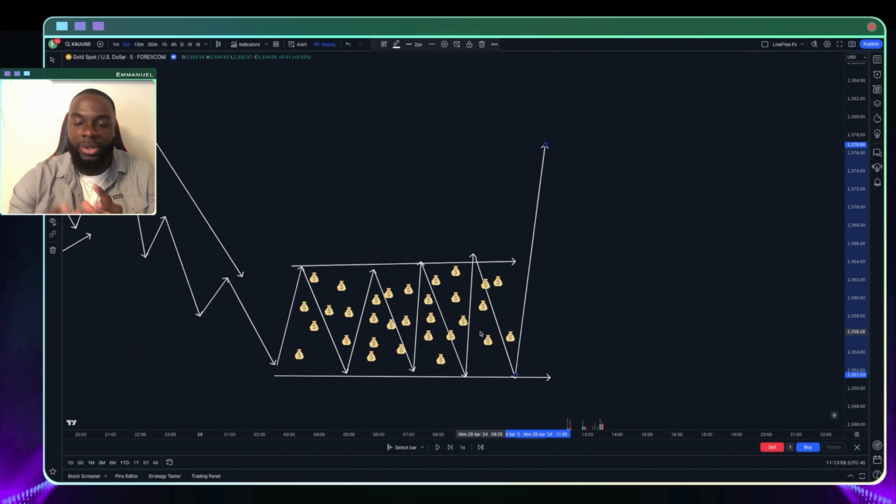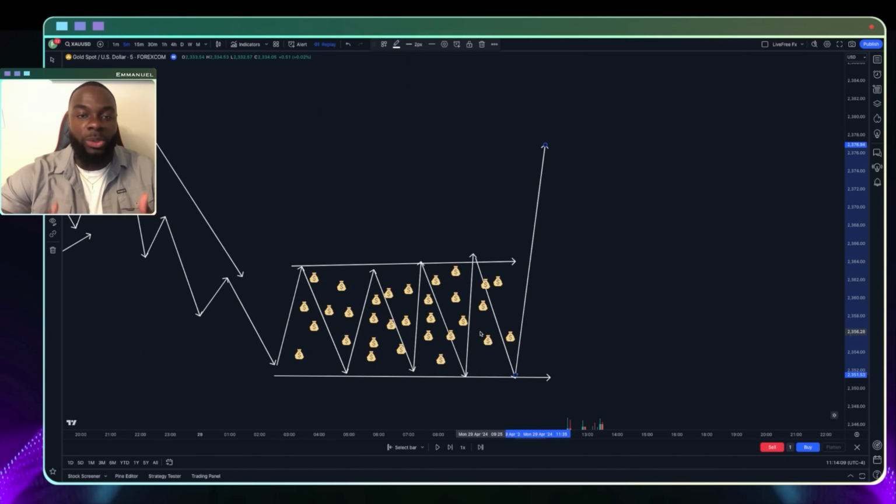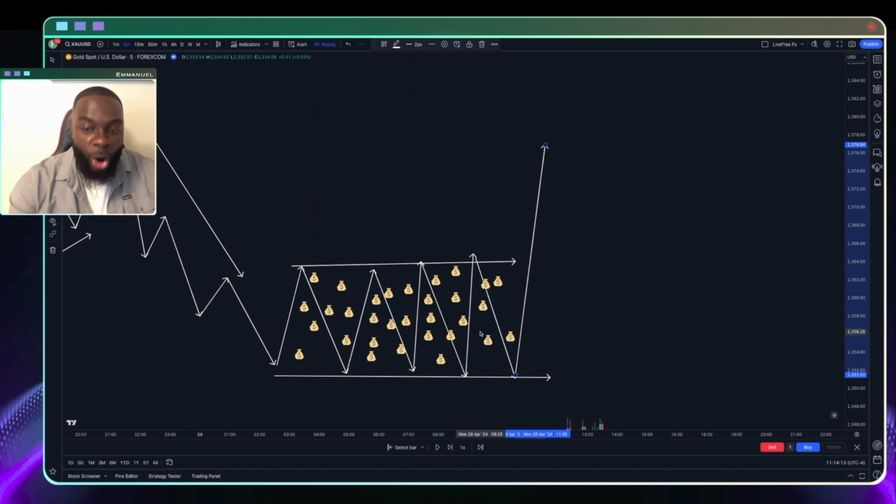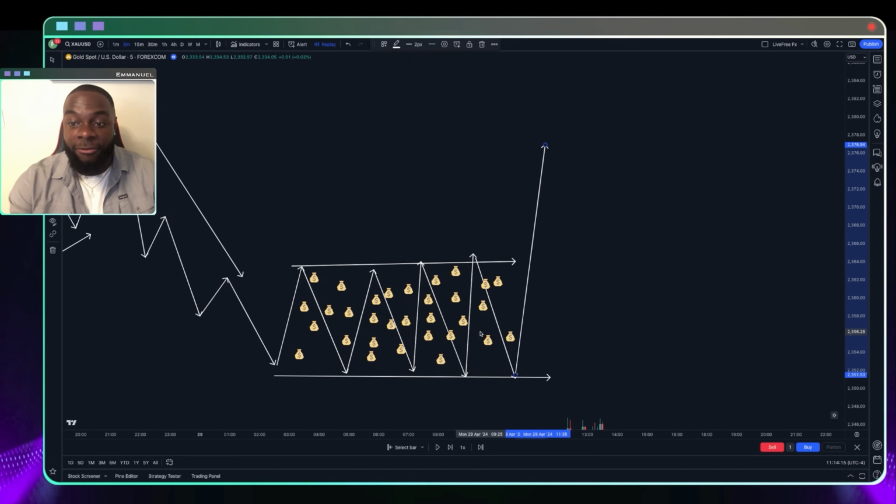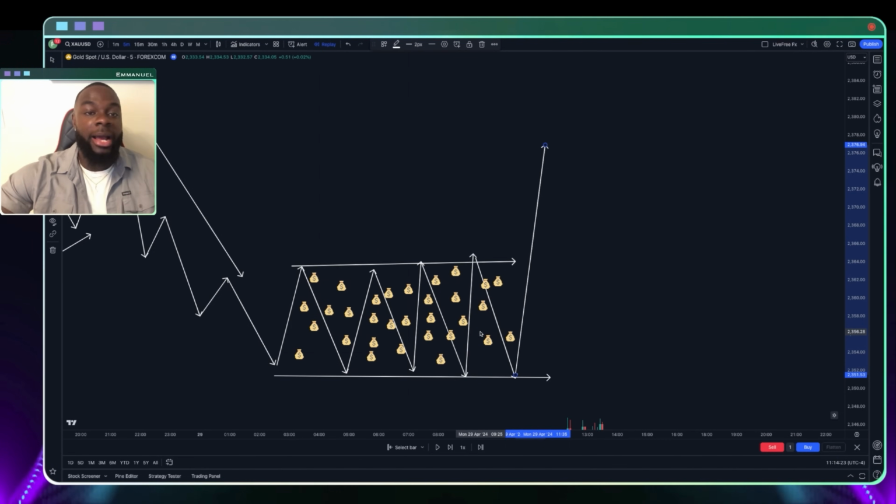So I realized, okay, a sideways market, a consolidation, a range-bound market is not just a range-bound market from a technical price action standpoint. You've got to read more into it and try to understand what is going on behind the scenes. When you start to understand that the market is always moving, money is constantly flowing, that is what drives price: liquidity, not support and resistance, not market structure, money.